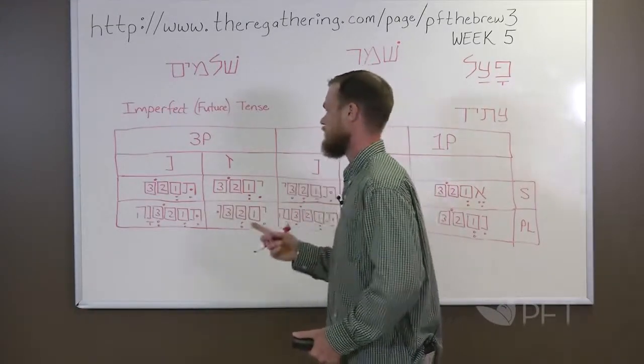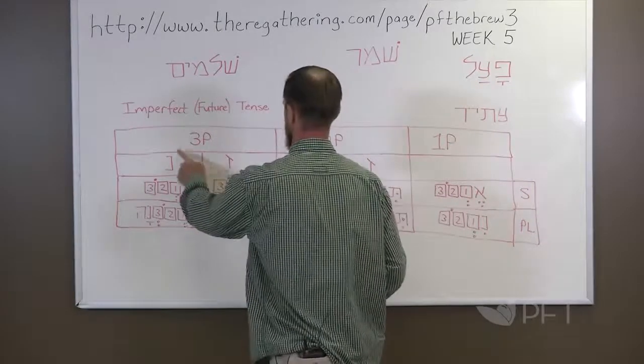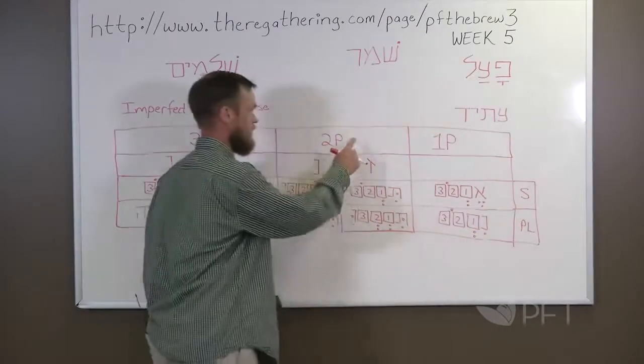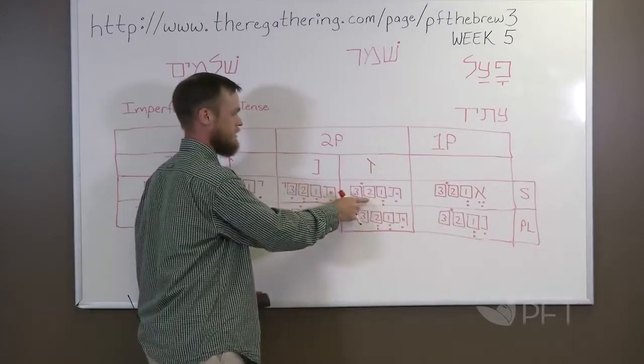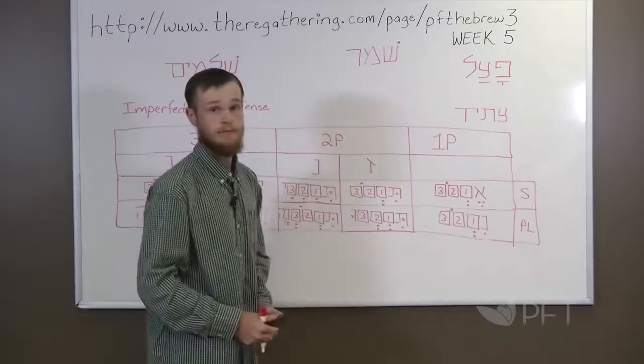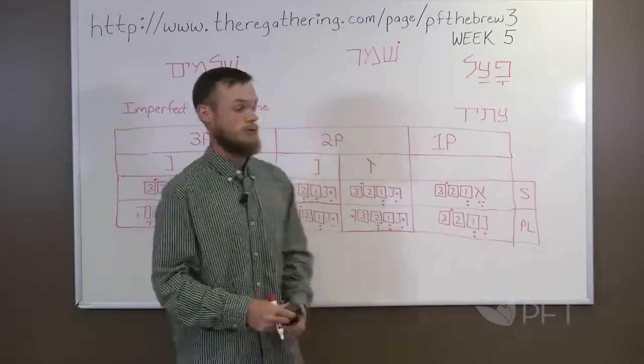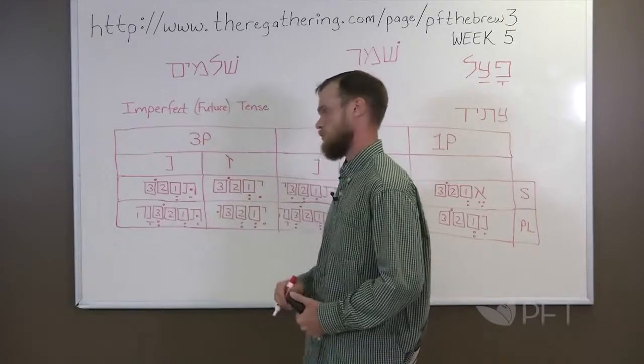Another thing to point out is that the third person feminine singular looks identical to the second person masculine singular. Okay? So, ata tishmor and also he tishmor.